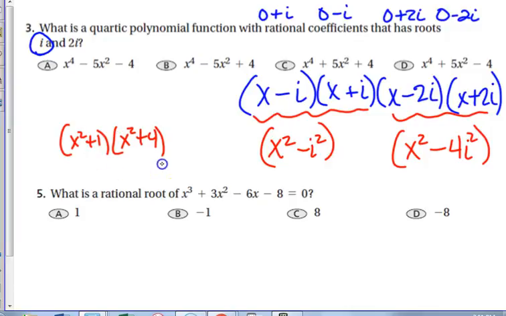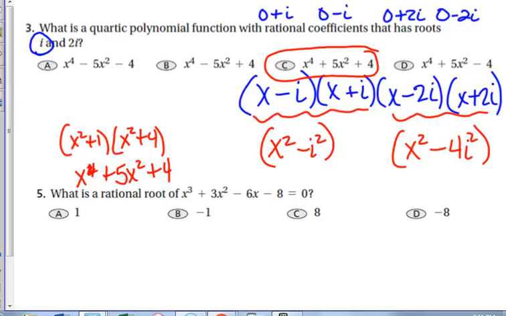And then we just need to FOIL these together. Which is choice C. Now, that's not on the test, but it wasn't as bad as you thought, right? The concept is on the test. There's not one where I'm going to make you FOIL it all out like that. Is that better? Yeah.